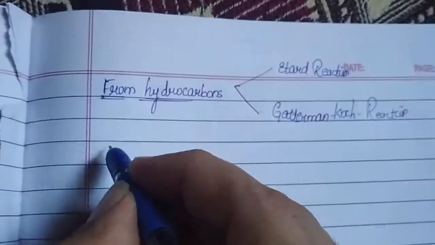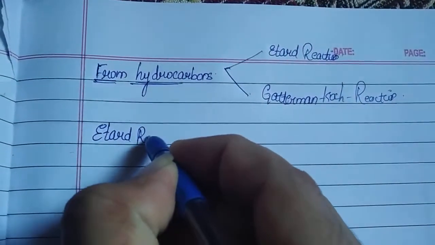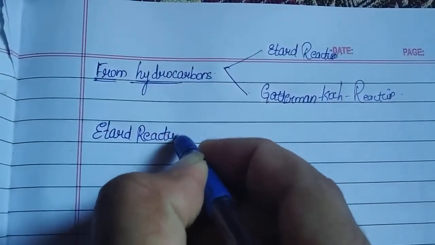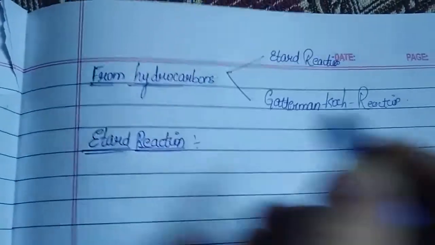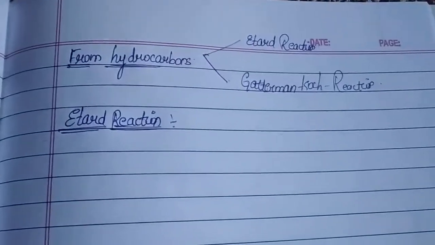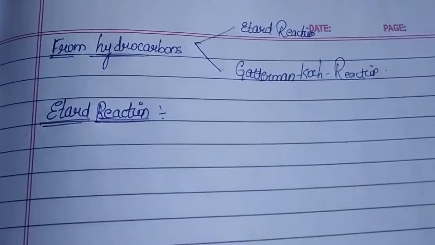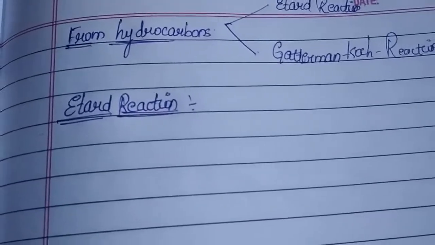So first let us see what this Etard reaction is. Once again, I would just like to say it's a named reaction. In organic chemistry, named reactions have their own significance. So remember, as we have seen, the Rosenmund reduction was the conversion of acid chloride to aldehyde.